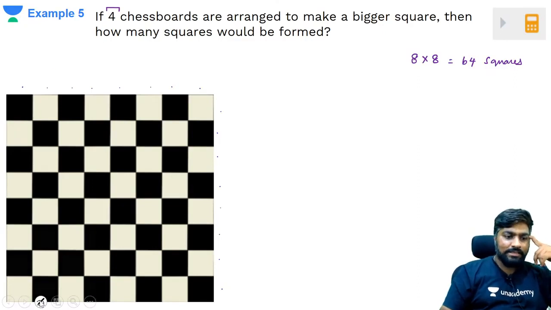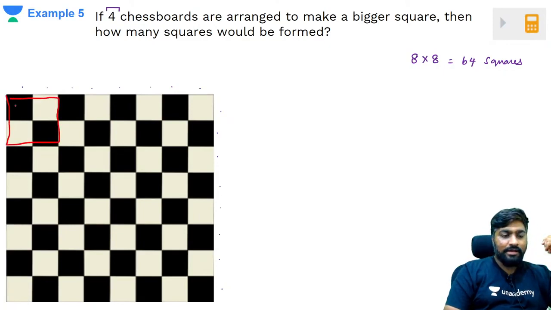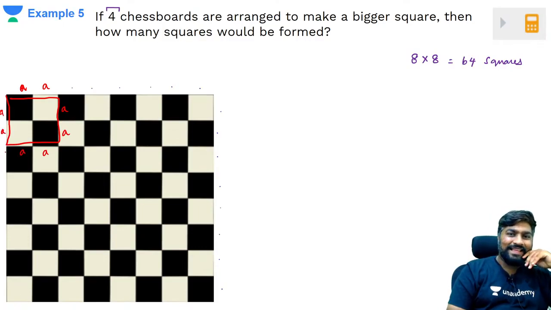So what I'm asking is, is this a square or no? Is this a square? Definitely it is. Why? Because if I say this is A, this is A, this is A. Since these are squares, this is A, this is A, this is A. So the length of this square becomes 2A. Agreed?